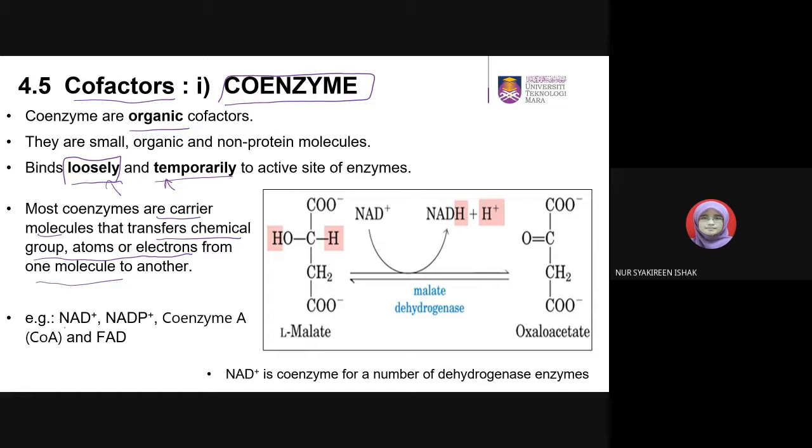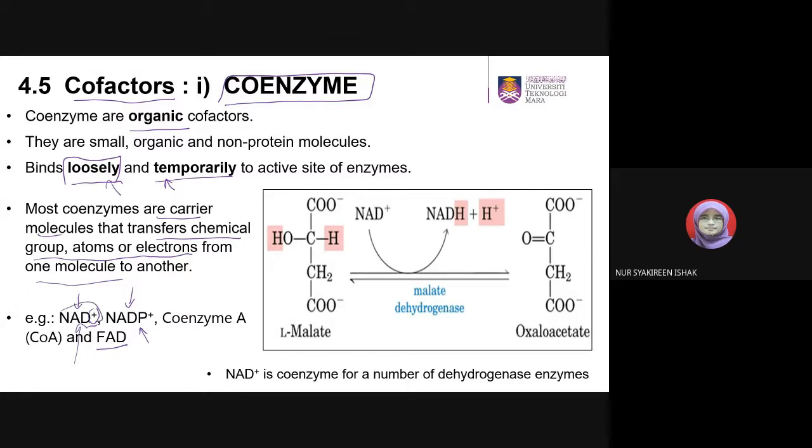For example, you have these molecules: NAD+, the plus must be superscript, NADP+, coenzyme A and FAD. So you will know more about these molecules when we reach the chapters on cellular respiration and also photosynthesis.